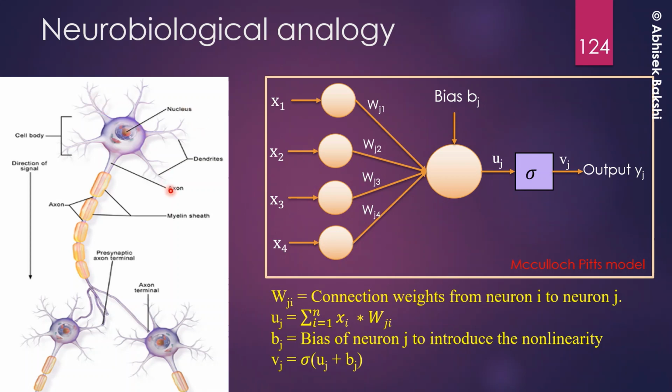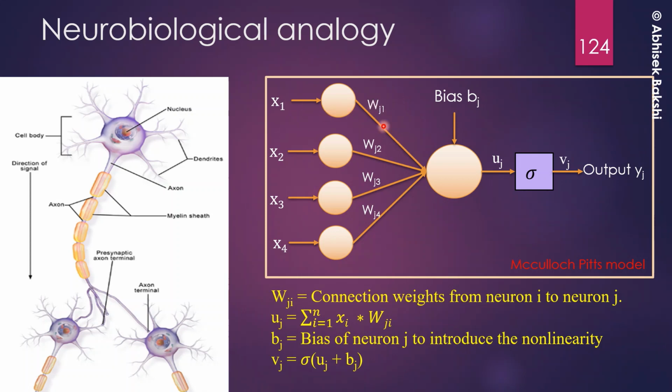So how to represent this importance mathematically? That's why we have represented these w's. By adjusting the value of this w, we can actually regulate the importance of the inputs of these neurons. Say for example, if I write wji equal to 0, it means that I am not at all bothering what inputs I'm getting from x1.